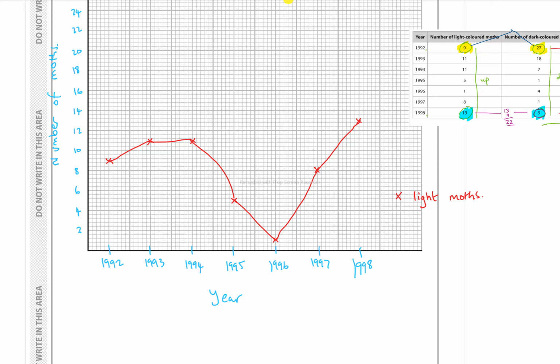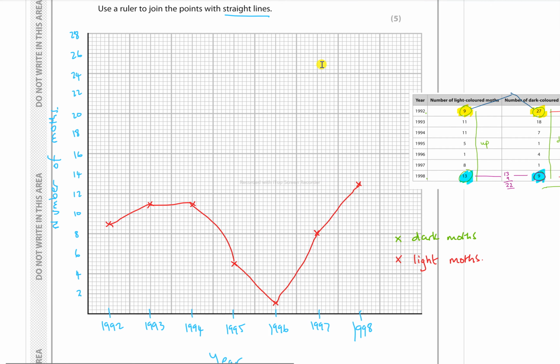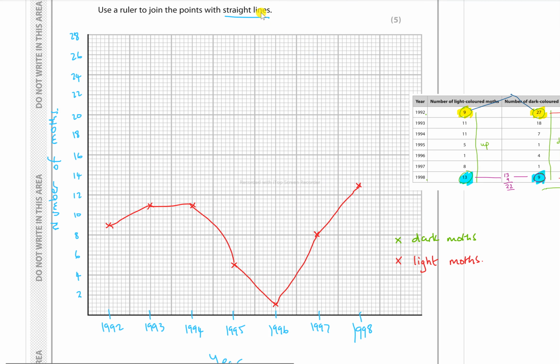Then what I'll try to do is go for, these are going to be dark moths, and it'll be 20. Right, let's move up. Right, 27, and it goes to 11.